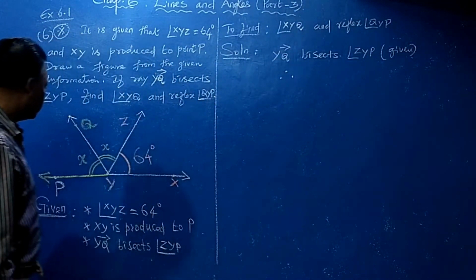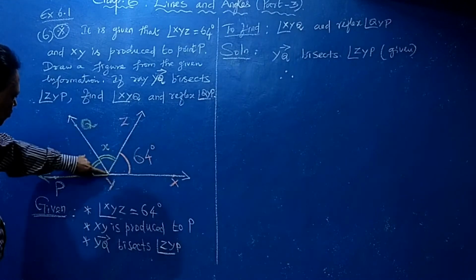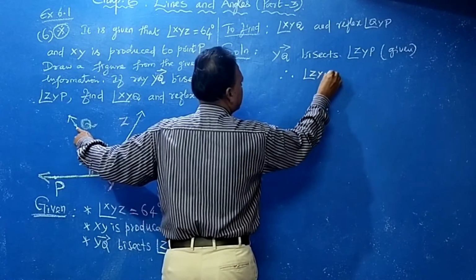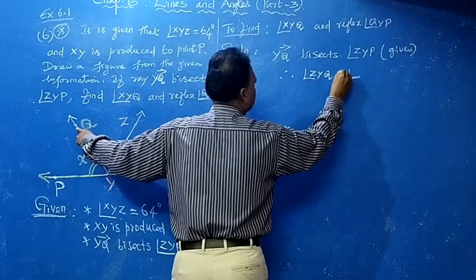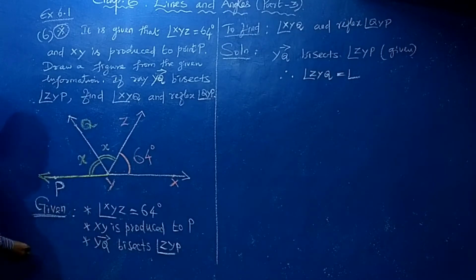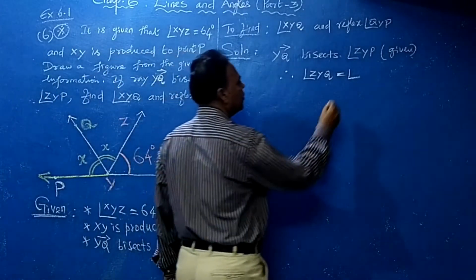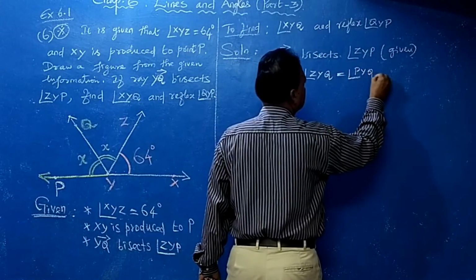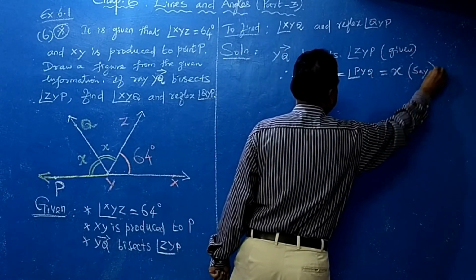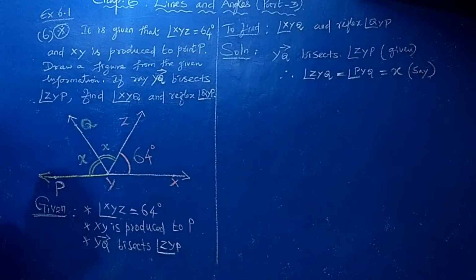That means angle ZYQ is equal to angle PYQ, that is equal to x. For our convenience, you take x. Clear?